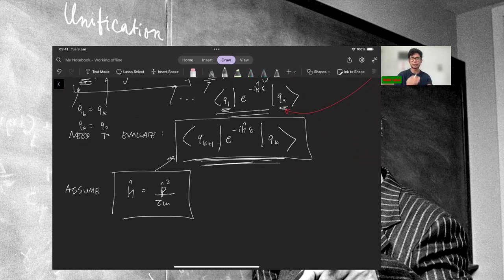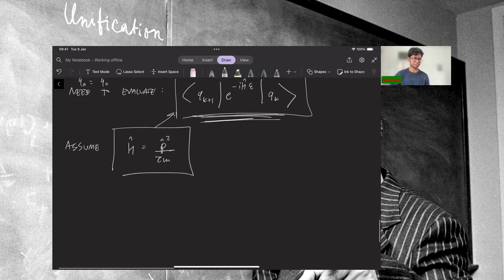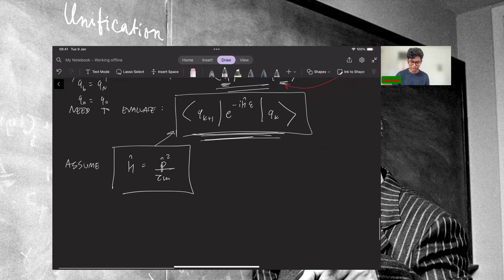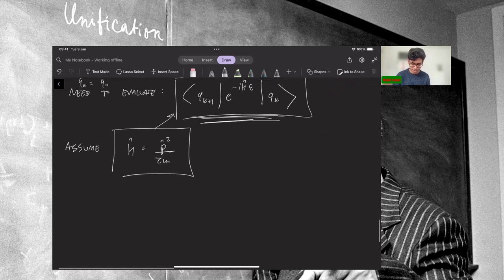But for the interest of time, I'm going to assume this and go on. It'll save like 5-10 minutes. So what that means is I want to calculate q sub k plus 1, e to the minus i p hat squared over 2m epsilon, q sub k.